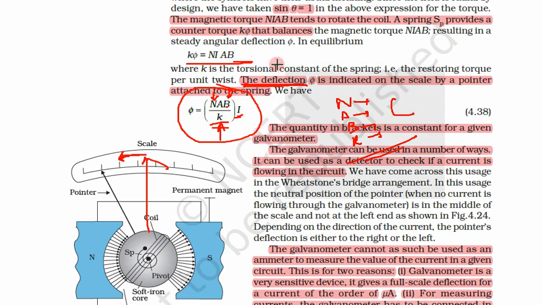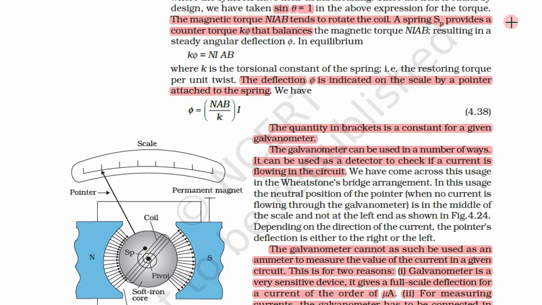So, on which quantity will this deflection or rotation depend? Rotation will depend only on current. If current is low, there will be less rotation. If current is more, there will be more rotation. In this way we can measure the current.